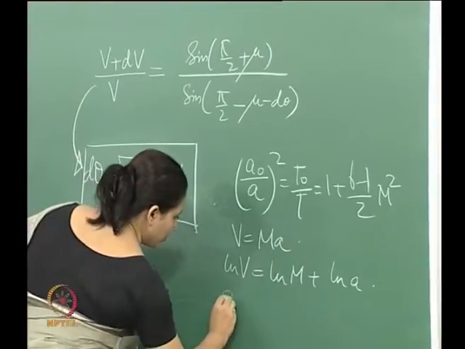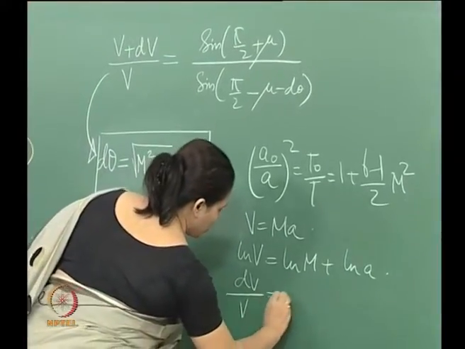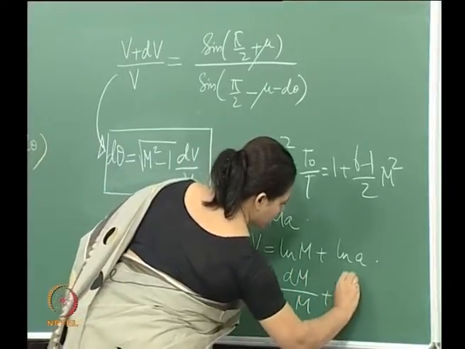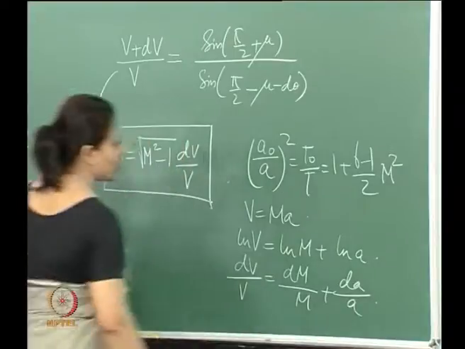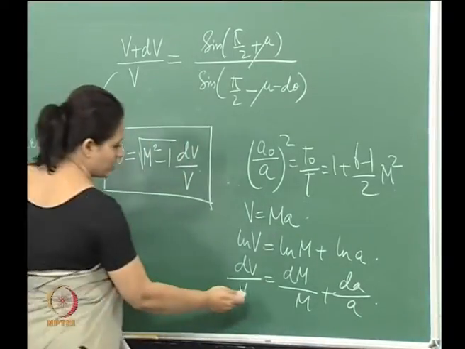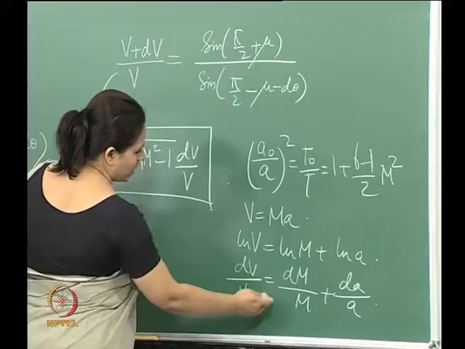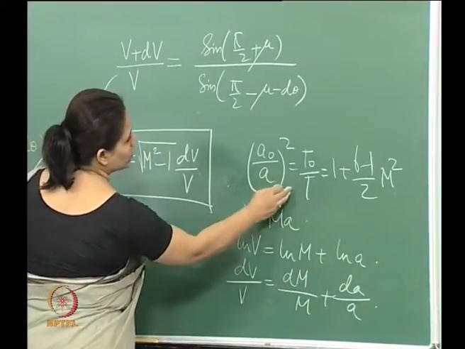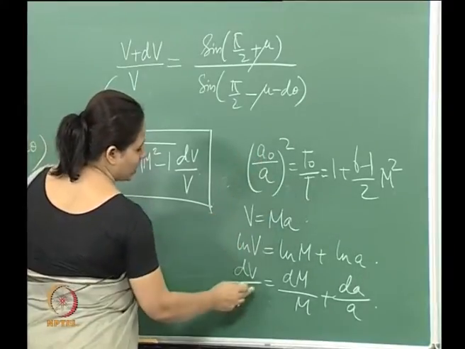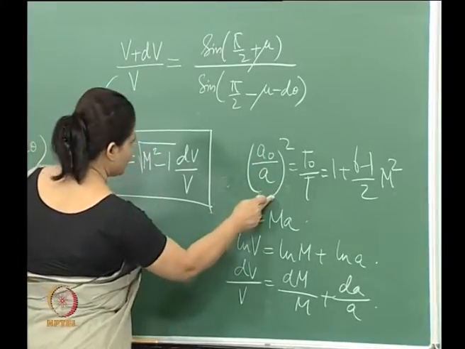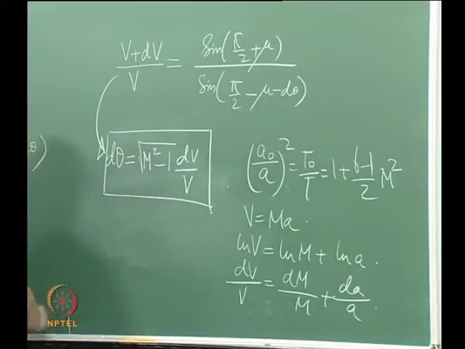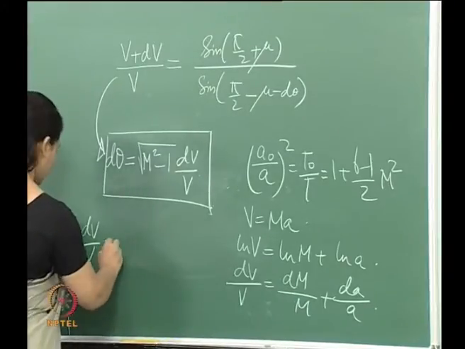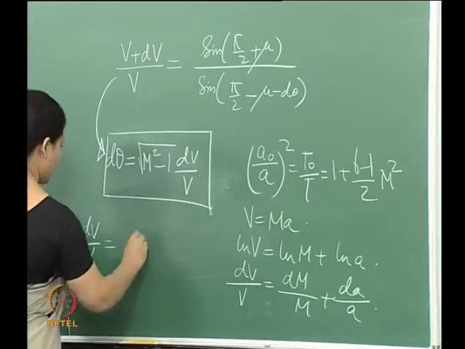Therefore, if I differentiate, I get dv by v, which is equal to dM by M plus dA by A. Now then in this I am going to use this relationship over here. With the combination of this and this, I can write dv by v in terms of the Mach number.